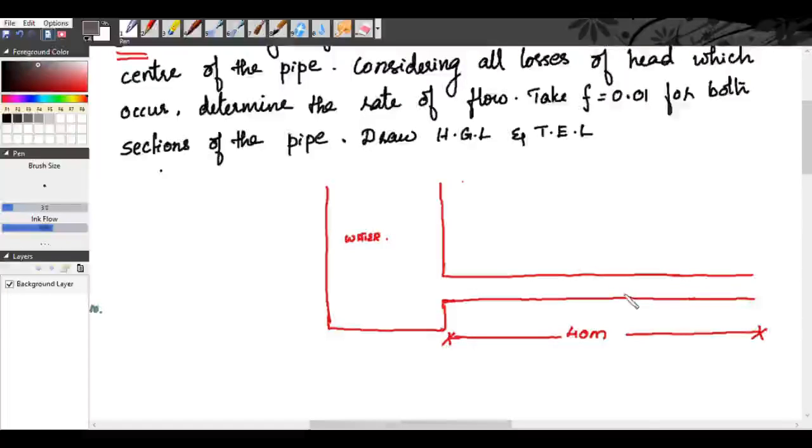Up to this point it is 25 meter, and after that the size of the pipe is doubled.